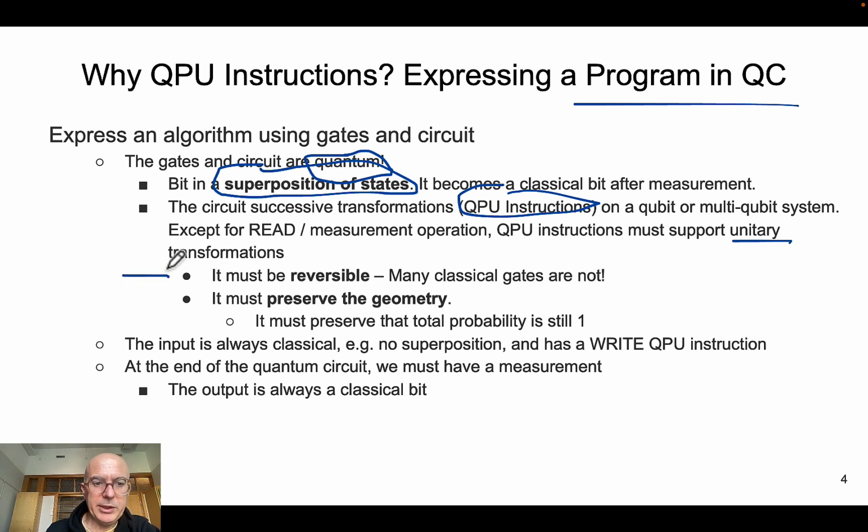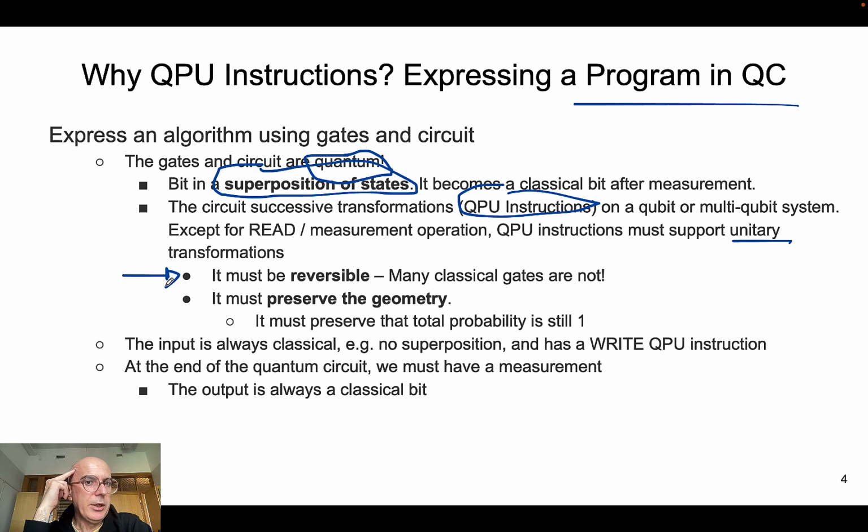Well, the first property is that each quantum gate must be reversible, because it must be unitary. And remember, the first property of a unitary transformation is being reversible. So we need to be able to go back and forth from the input to the output of the quantum gates. It turns out that many classical gates are not actually reversible.